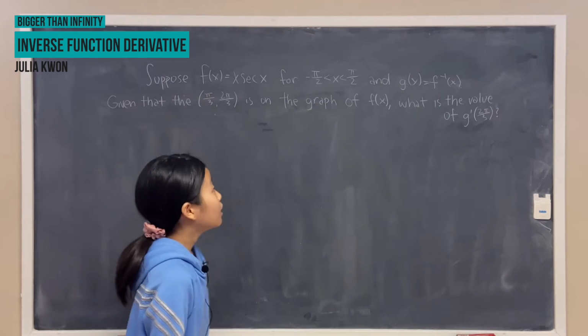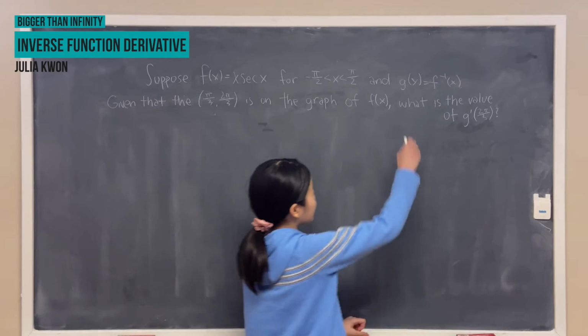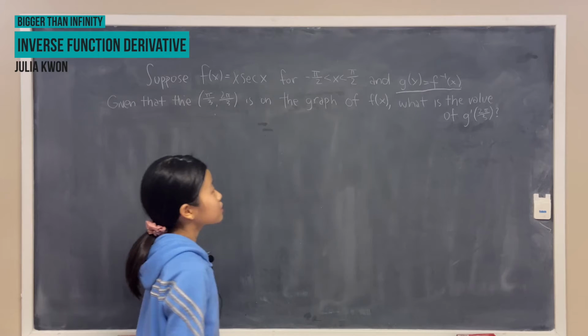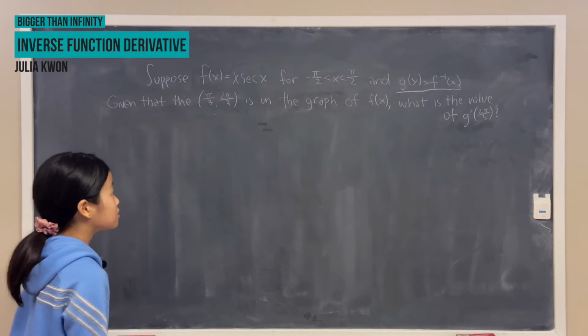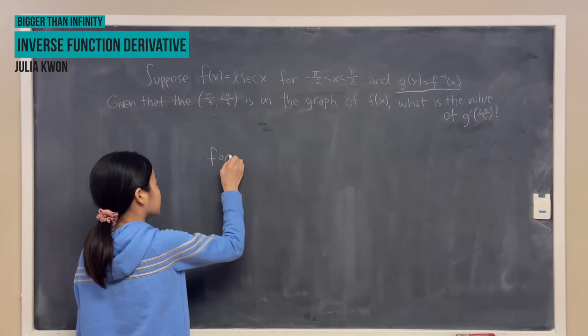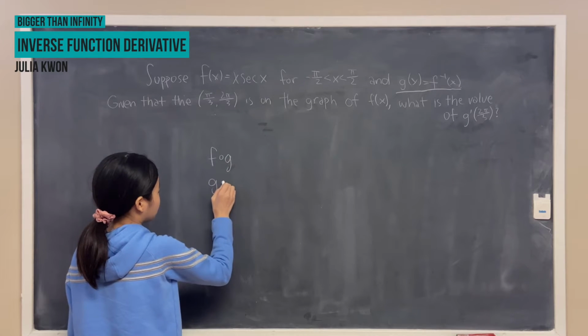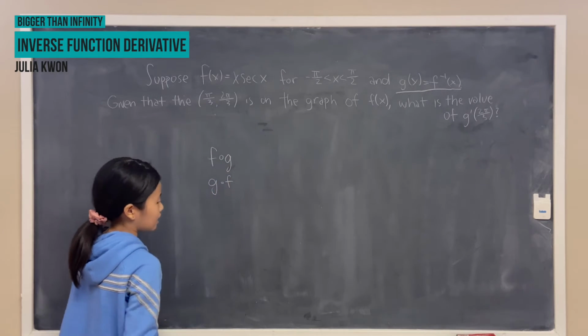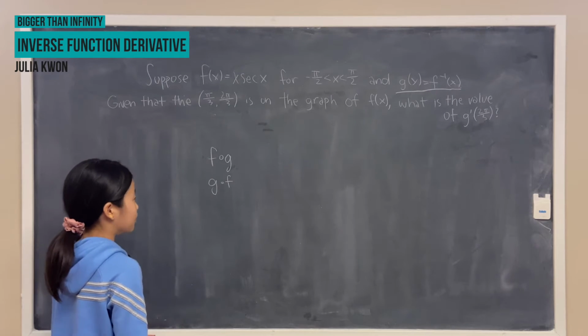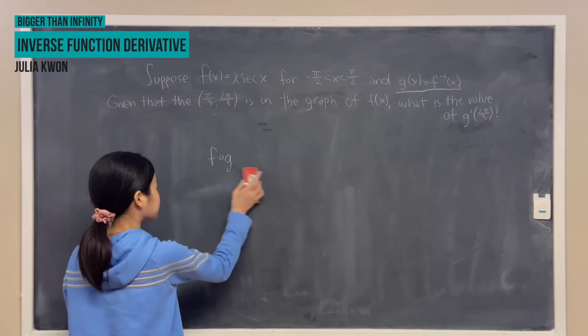Well, first, whenever I see this equation here, g(x) is equal to the inverse of f(x), I like to use the composition, so f of g or g of f. I use either one of these, and I will be just using this one. It doesn't really matter which one you use though.